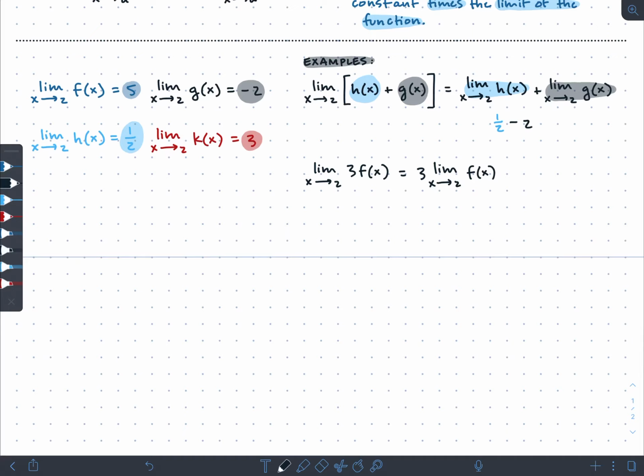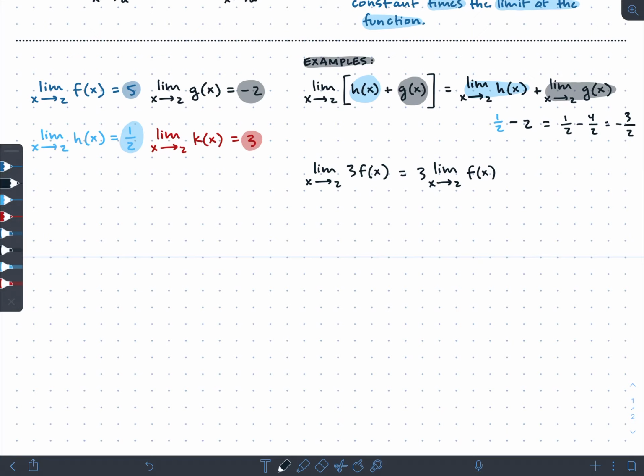And so that's going to become 1/2 minus 2, so 1/2 minus 4 over 2, or negative 3/2.